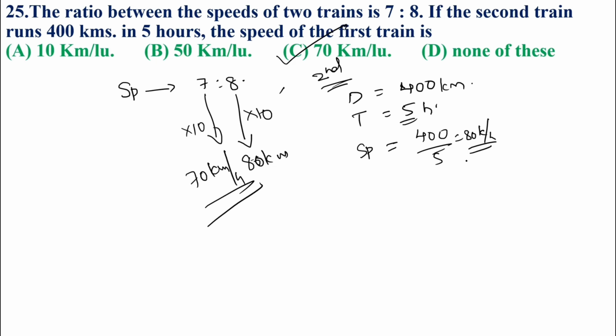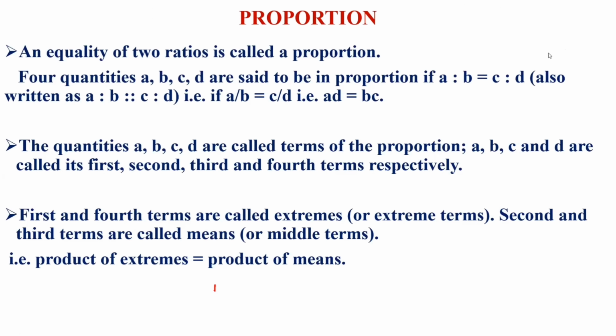This is actually per hour. Proportion means equating of two ratios, the equality of two ratios. For example, A is to B is one ratio and C is to D is another ratio. If I say A is to B is equal to C is to D, then we say A, B, C, D are in proportion.